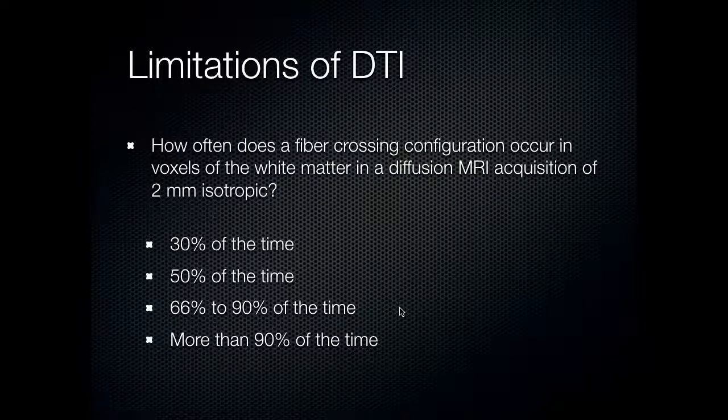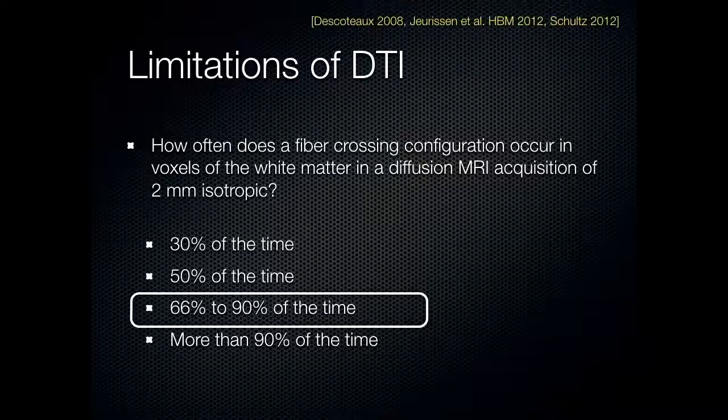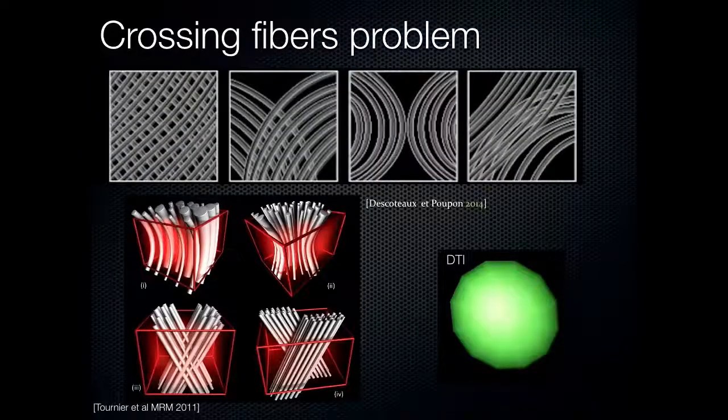So at a typical resolution of 2 millimeter isotropic, how often do you think you have crossing fibers in the brain? Less than 30%, 50% of the time, 2/3 to 90%, more than 90%. Turns out that it's between 2/3 to 90% of the voxels that have an underlying crossing fiber configuration.